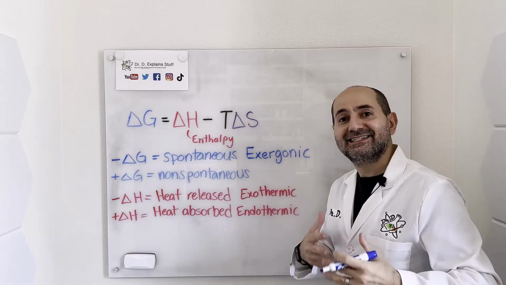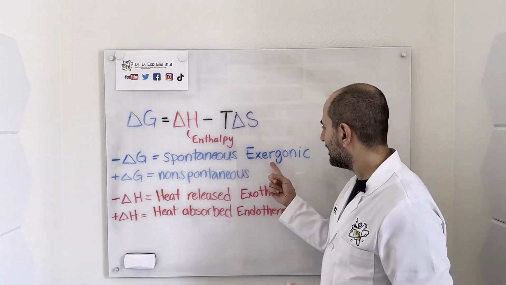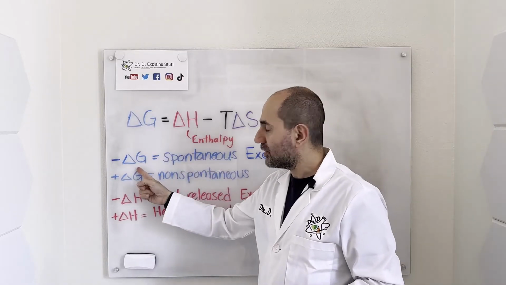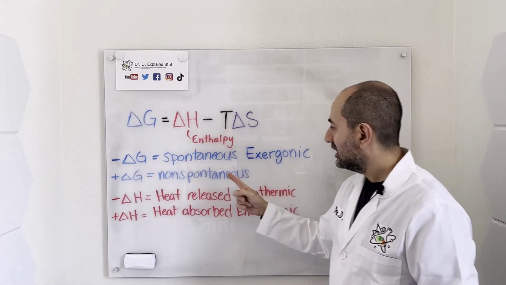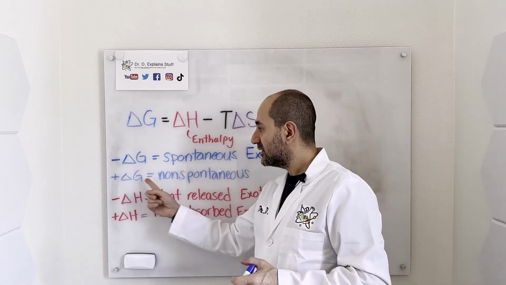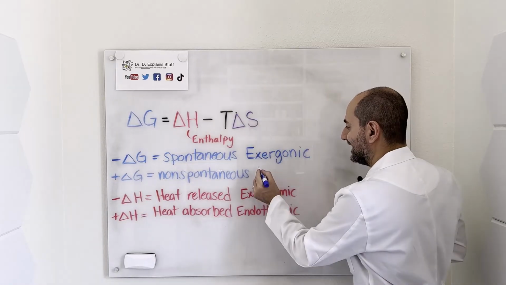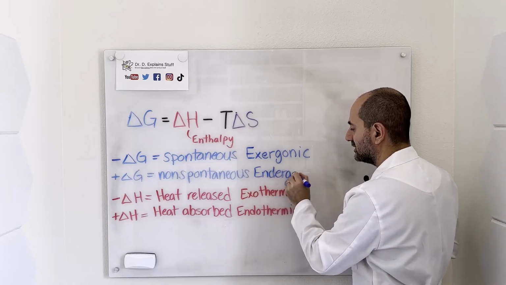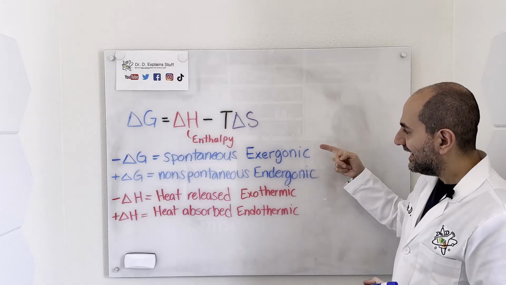So when I say an exergonic reaction or an exergonic process, I'm talking about a spontaneous process, a process with a negative delta G, okay? Conversely, a non-spontaneous process or a positive delta G reaction is known as an endergonic reaction, okay? So don't mix up these terms.